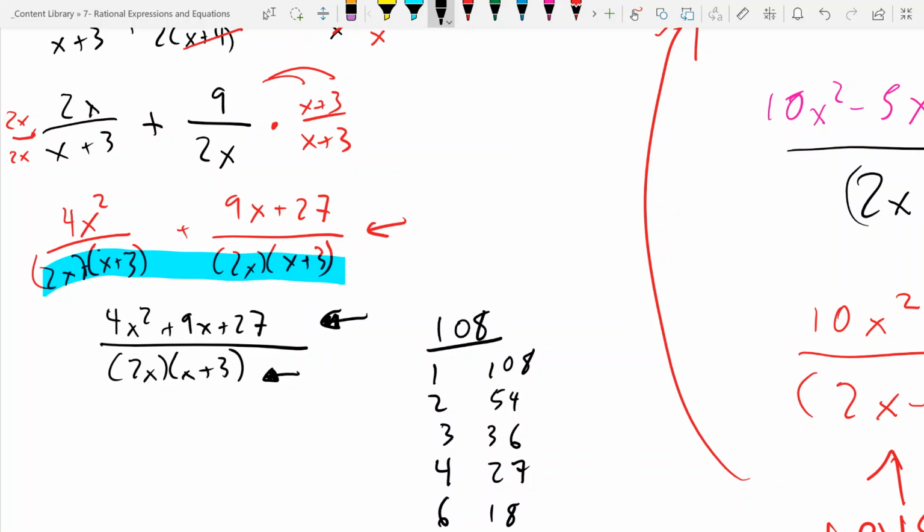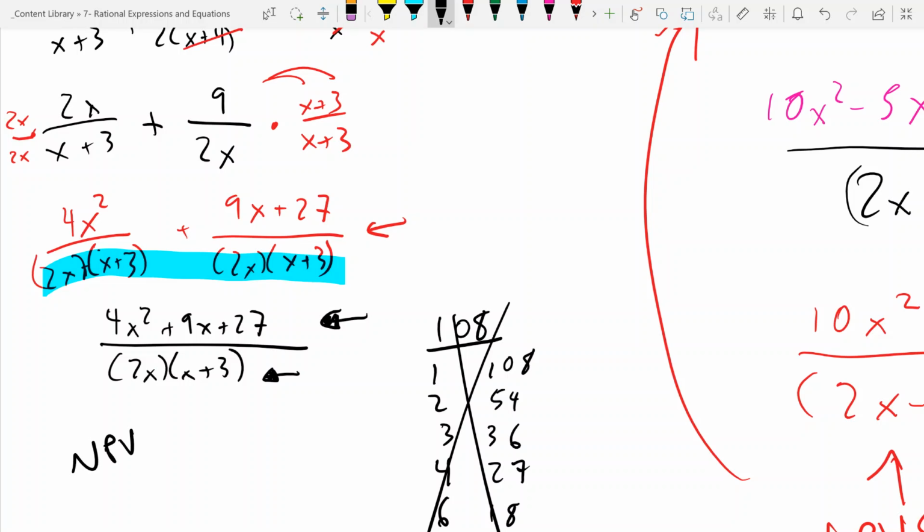I don't think this one's going to work either. Yeah. So again, none of these are going to work. They're not going to add up to what we need. So not factorable. Darn. Okay. And this is going to be a final answer.